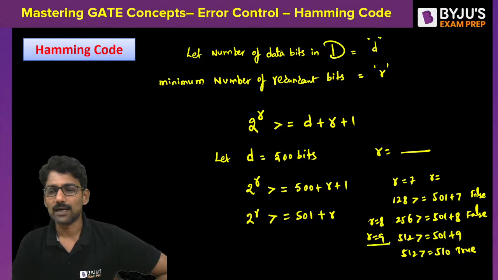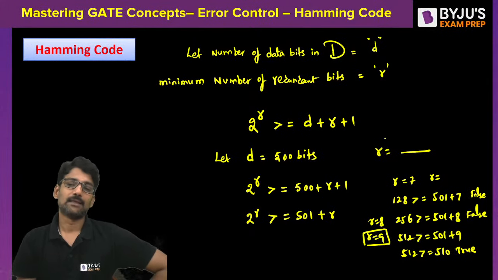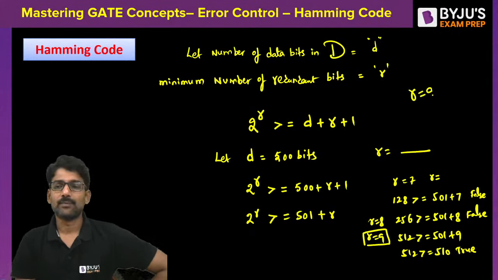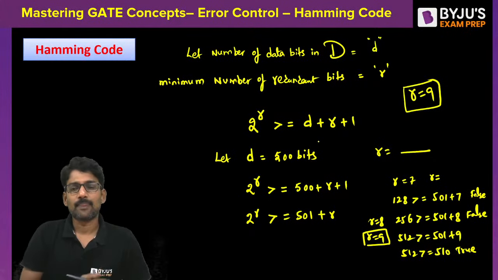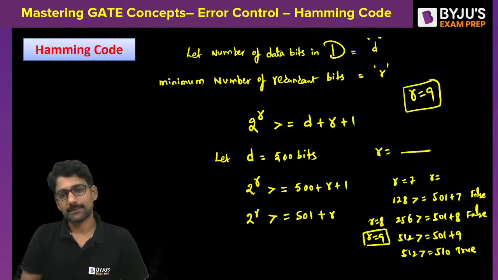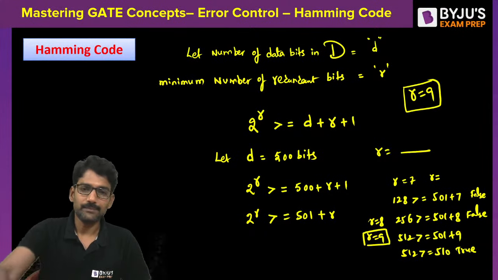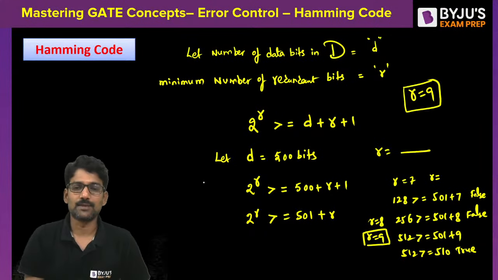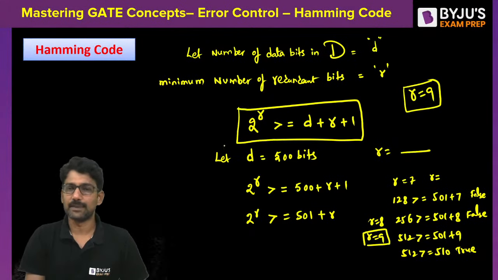So for what R this satisfied? For what minimum R value? 9. Hence we require minimum 9 bits if we have 500 data bits. Right? So this is what the formula you can use for finding minimum number of redundant bits.